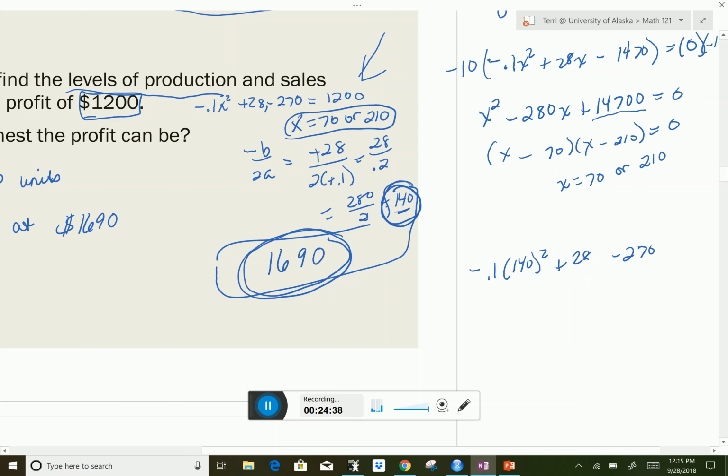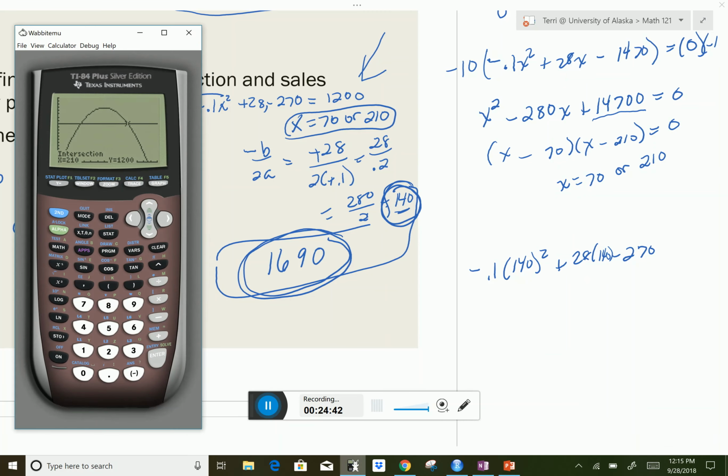Or 28 times 140 rather, sorry. So to use my calculator for that by hand: negative 0.1 times 140 squared plus 28 times 140 minus 270.